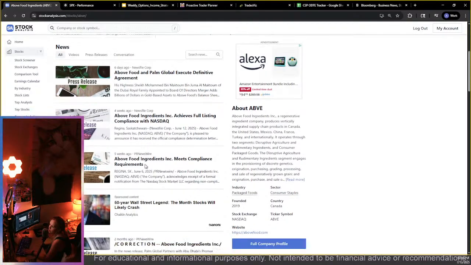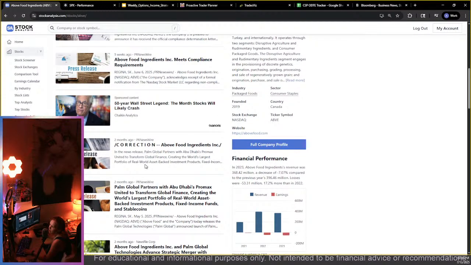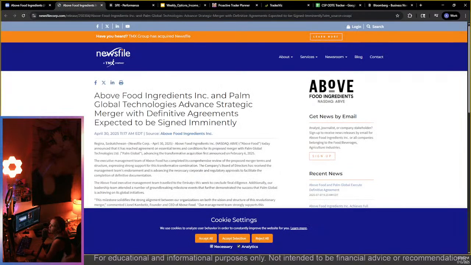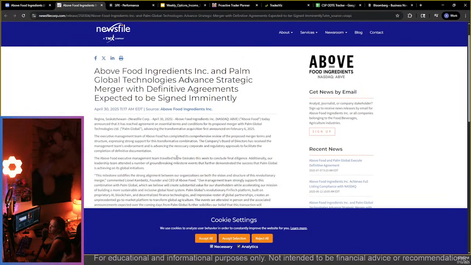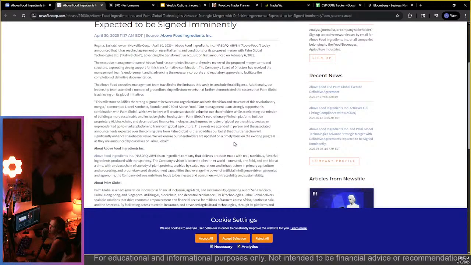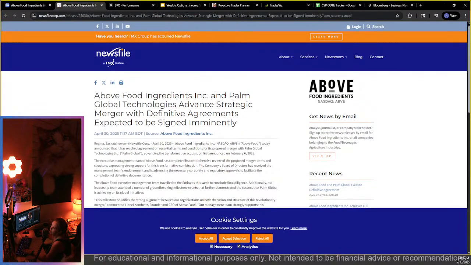Achieves full listing compliance. Okay. Today announced that it's reached an agreement on essential terms and conditions post merger with Palm. Oh, okay. So their merger agreement. Okay.